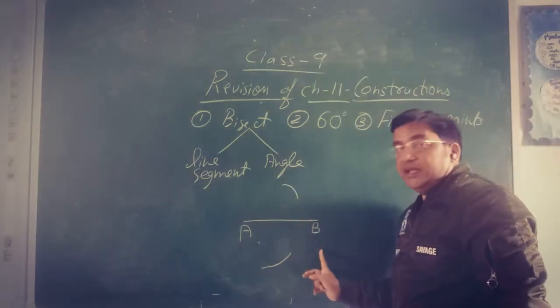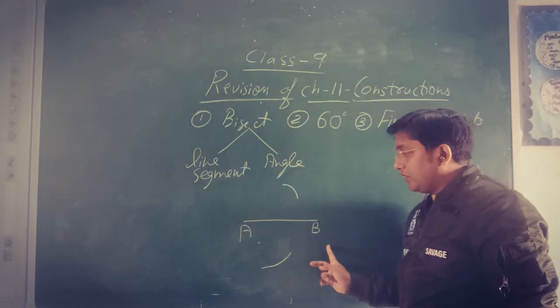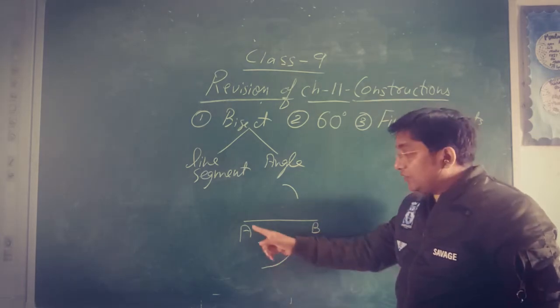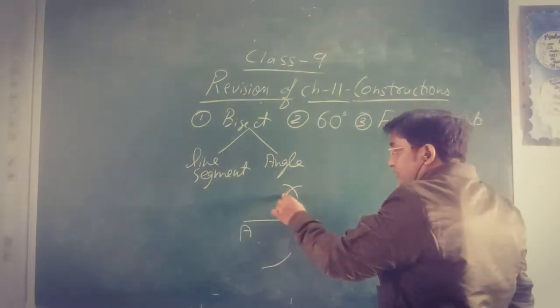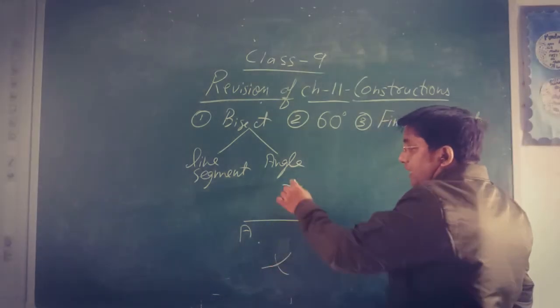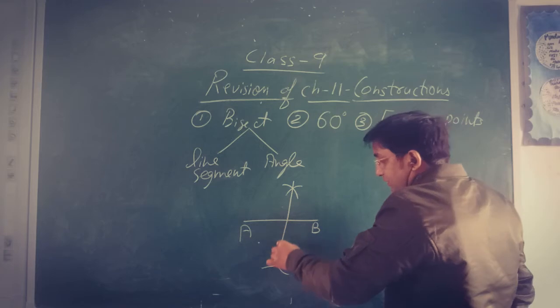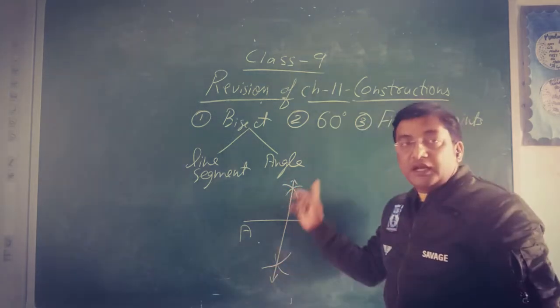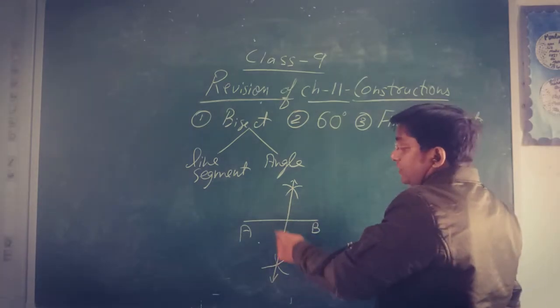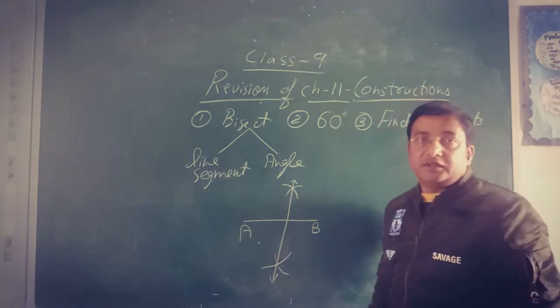Now, from B, the second corner point, with the same radius, cut the previous arcs and then join these intersecting points together with a line. This is called the bisector of this line segment.